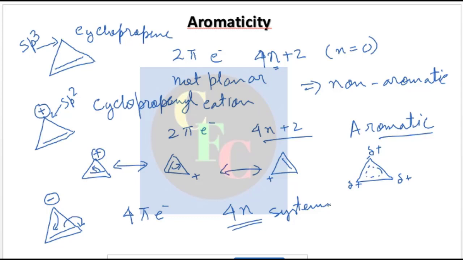So what will it be? This will be anti-aromatic, right? So the cyclopropene is non-aromatic. The cyclopropenyl cation is aromatic. The cyclopropenyl anion is anti-aromatic.